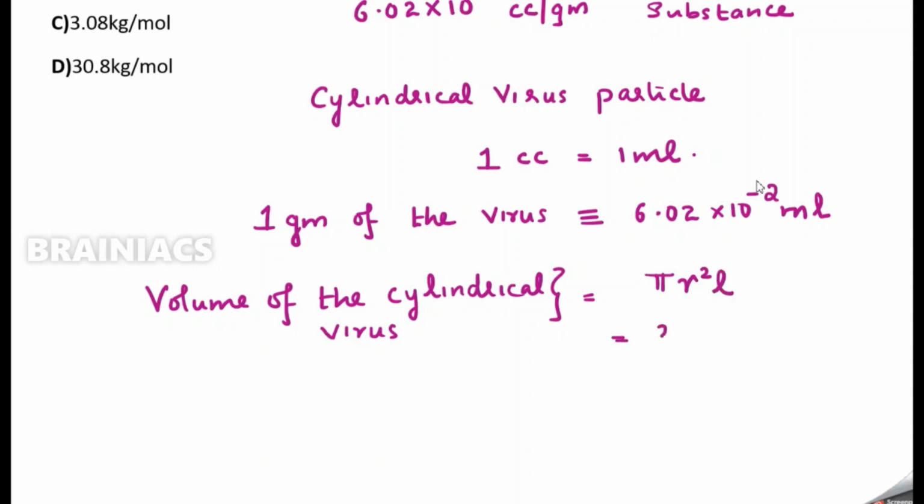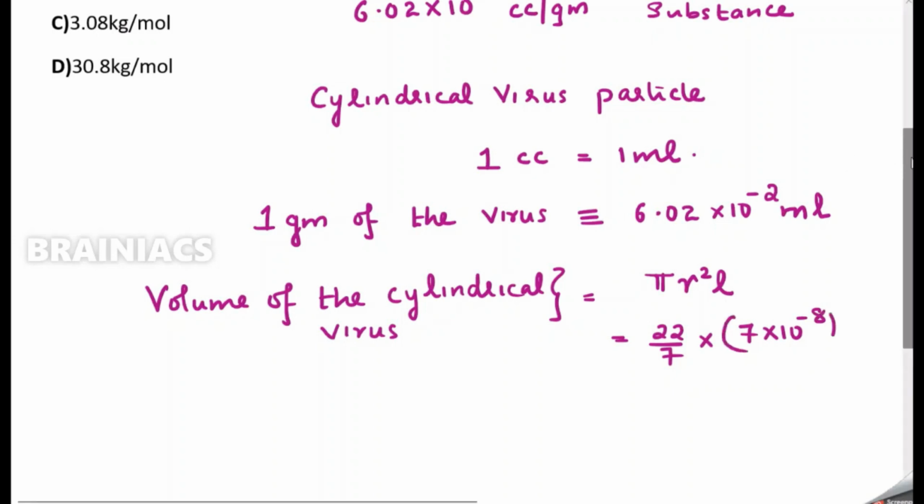So pi I know it is 22 by 7. Okay. Radius they have mentioned it 7 angstrom. So we are talking everything in centimeter cube. So let's convert into centimeter. So I can say 7 angstrom is equal to 7 into 10 power minus 10 meter, which is equal to 7 into 10 power minus 8 centimeter. So pi r square means this will come in enclosed bracket into how much length, what they have given?